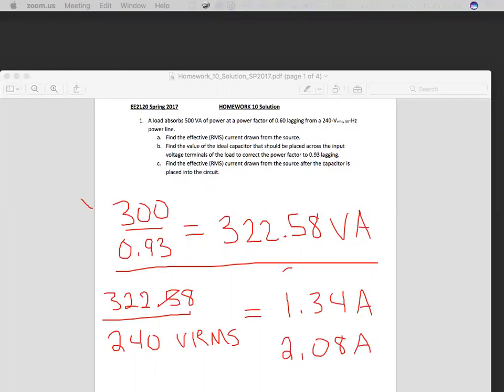And that's it. So we solved a problem and shown the benefit of having a good power factor.